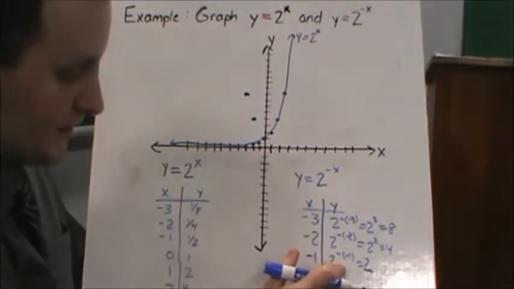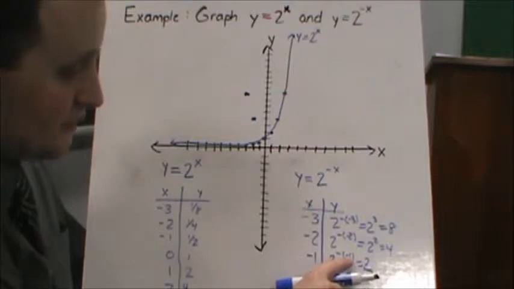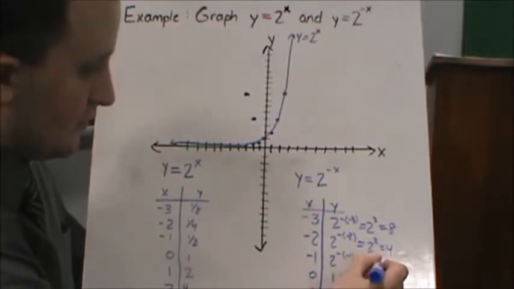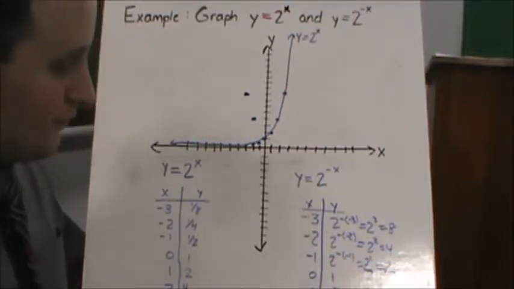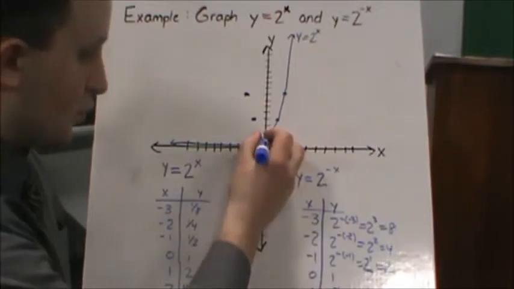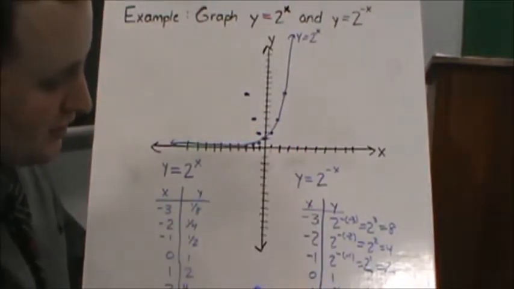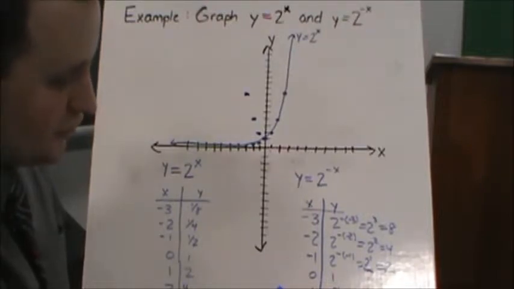Negative 1, same idea. You have a negative times a negative gives a positive power, which is 2 to the first, which is just 2. Obviously, we know if we put 0 in for our exponent, 2 to the 0th power will just automatically give us 1. If you have a 1, we get 2 to the negative 1 power, which is just 1/2.